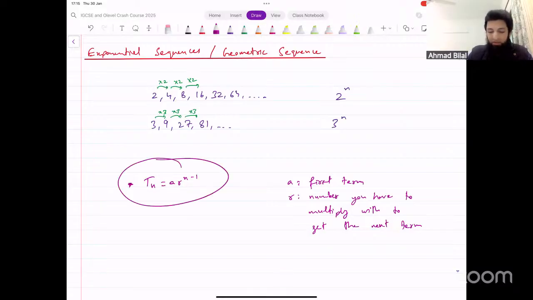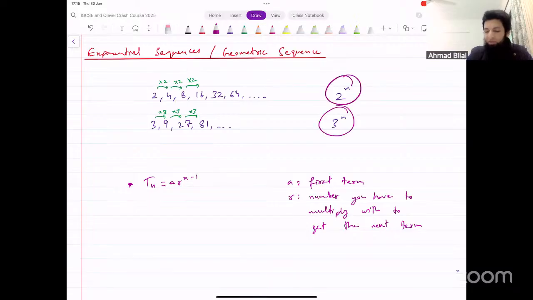You'll do this later in A levels, but for now, it's mostly going to be just as simple as this, or there'll be some other pattern in the question itself that you'll be able to figure out. But just be aware that it is possible sometimes that you have n in the power. In this case, if you had to use the formula for the first sequence, for instance, what would you do? A is the first term.